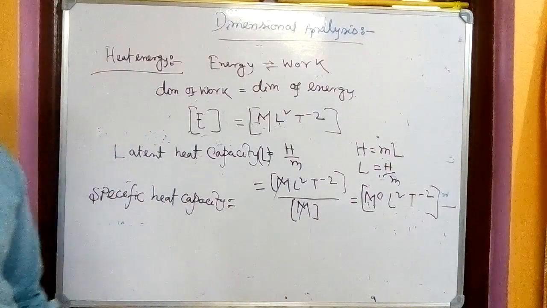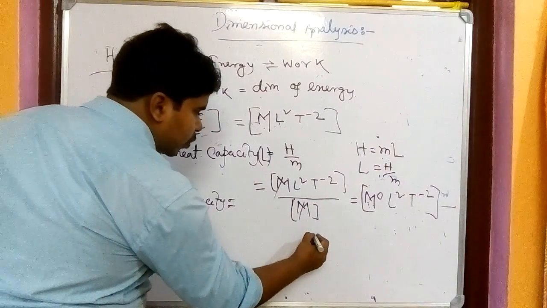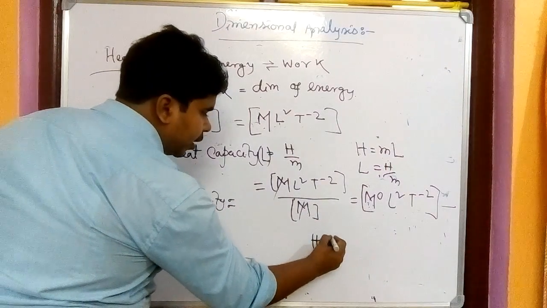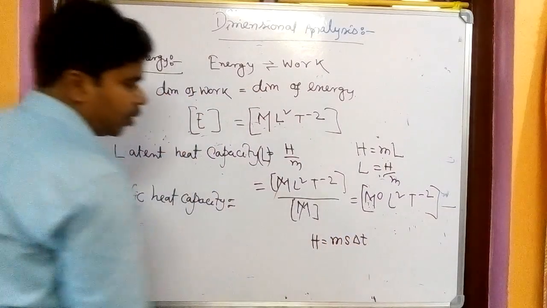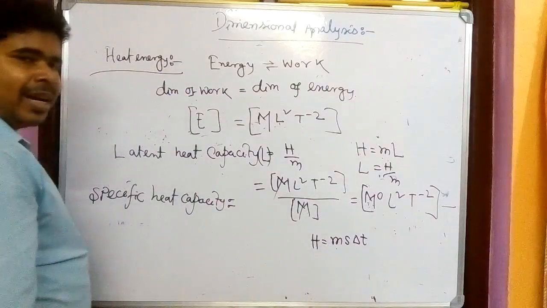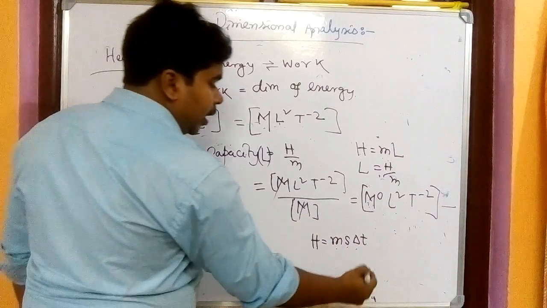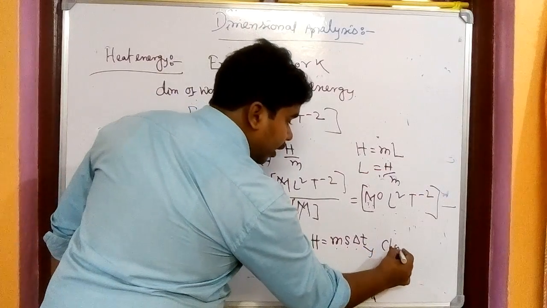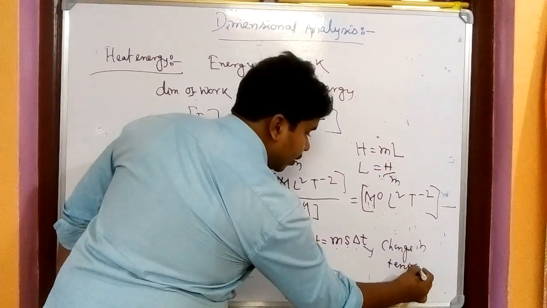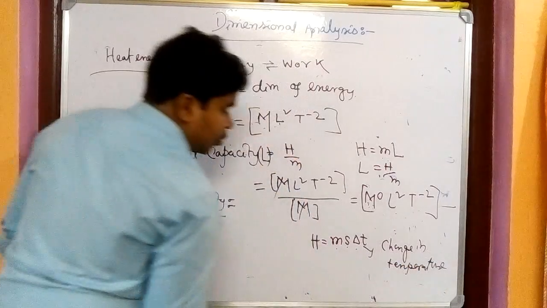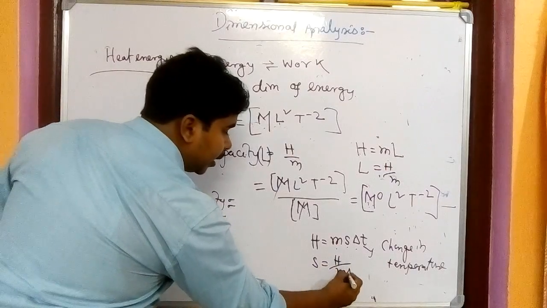Specific heat capacity: we know the heat absorbed by a body, if it is H, equals m s del T. What is m? M is the mass. What is s? S is specific heat capacity. What is del T? Del T is the change in temperature. Okay, so if I find S, S equals H by m del T.